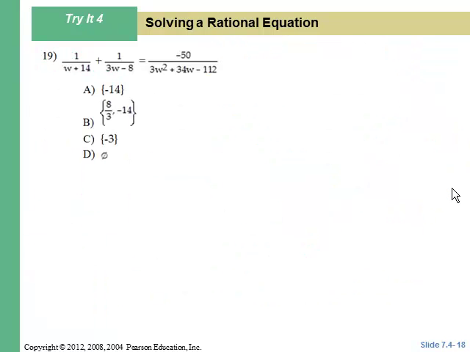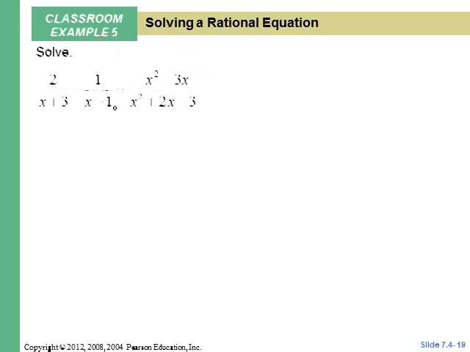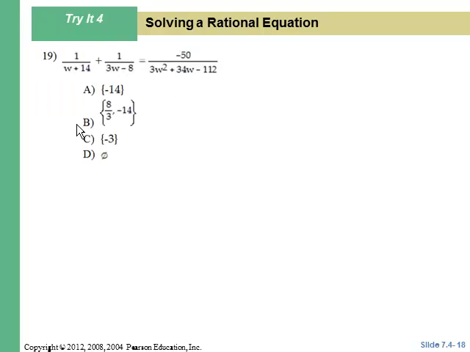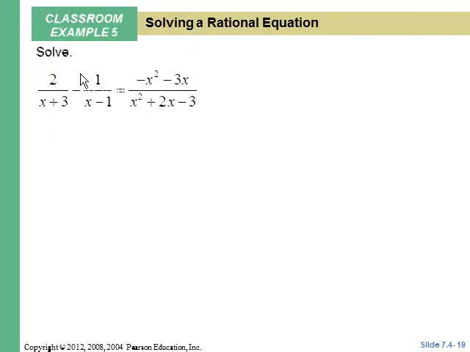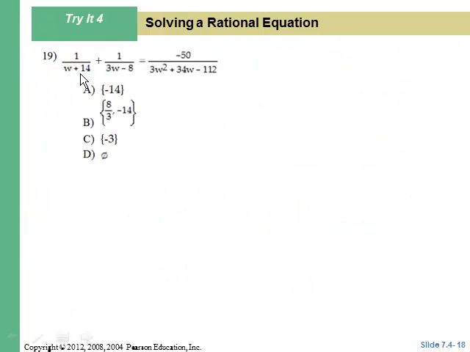You try this one. Oh, this factors into, let's see. We need a 3w minus 8, w plus 14, 3w minus 8, w plus 14. Assume those two are correct.